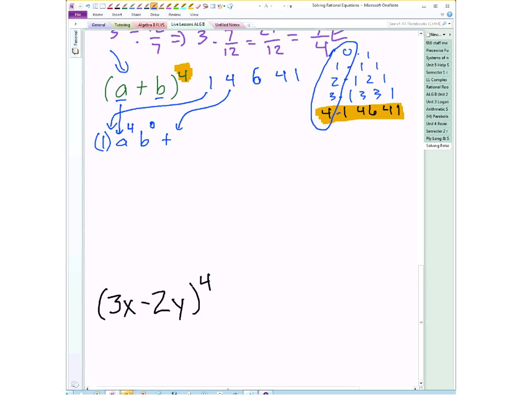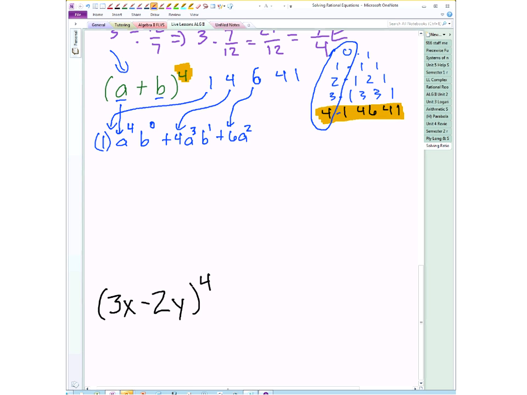Plus, and now I've got to use my next coefficient, 4. And then I've got my A and my B. What you're going to see is my exponent on the A is going to decrease by 1. The exponent on the B is going to increase by 1. And that's going to continue to happen, but they're always going to have a degree of 4. So next I'm going to take my 6 coefficient.